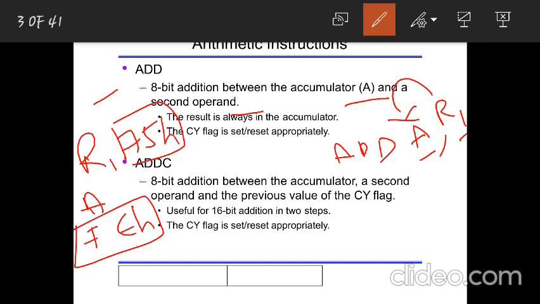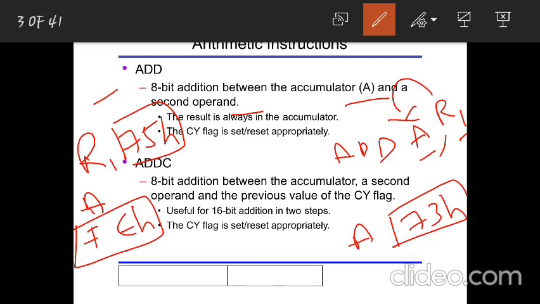Whenever you add these two, the result you get is 73H. You will get the result as 73H, and that result will be stored in the accumulator after execution, with carry. You will also get a carry if you convert this into binary.